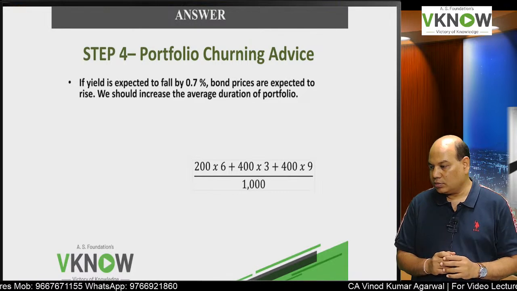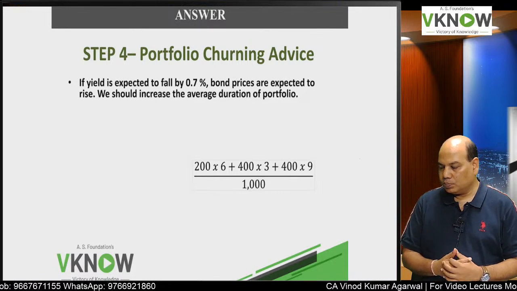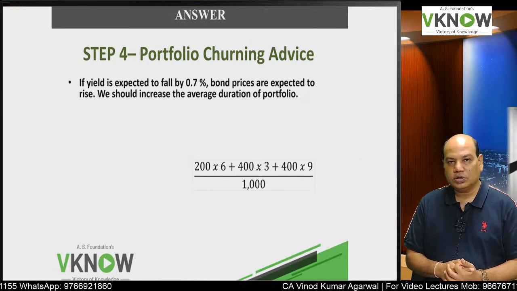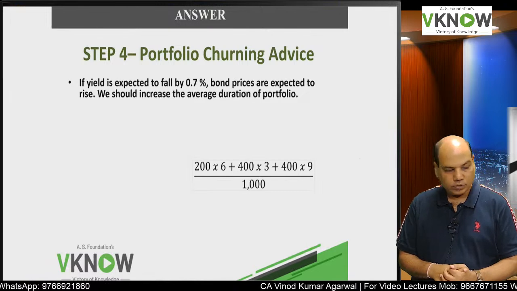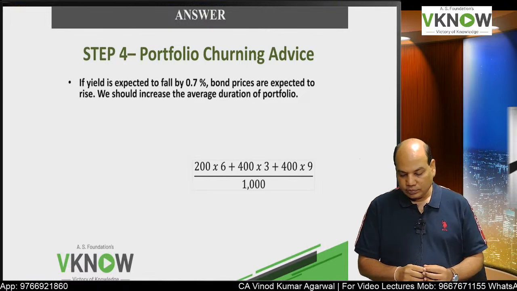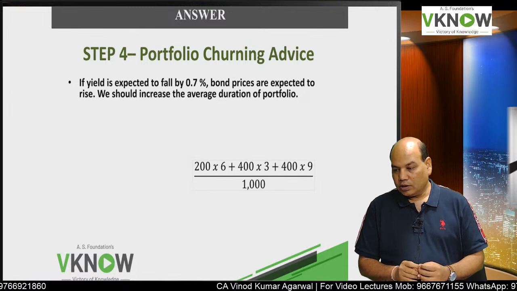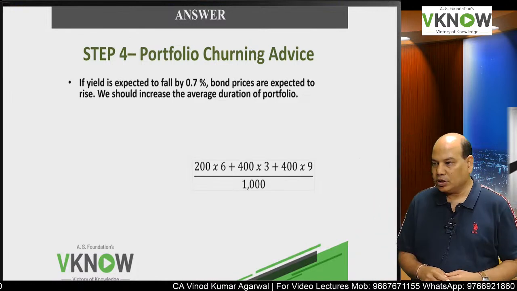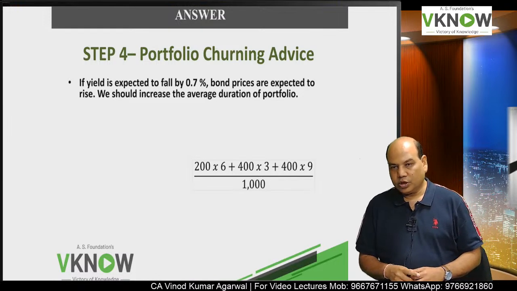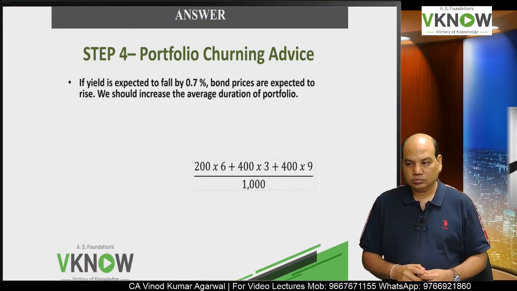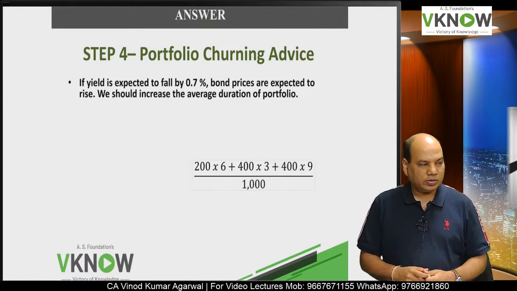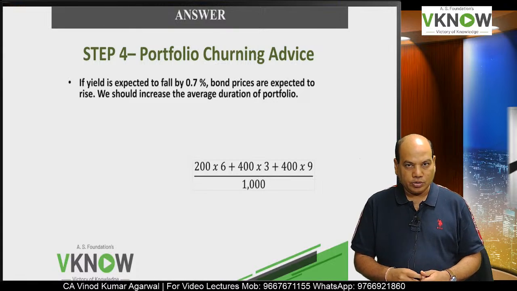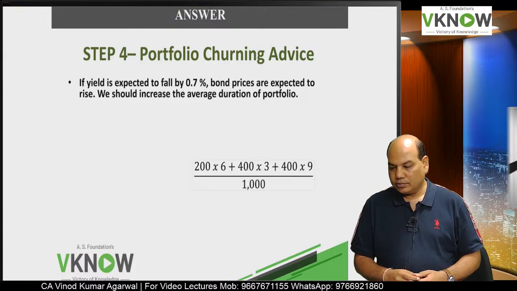So step 4, write down, portfolio churning advice. If yield is expected to fall by 0.7%, bond prices are expected to rise.